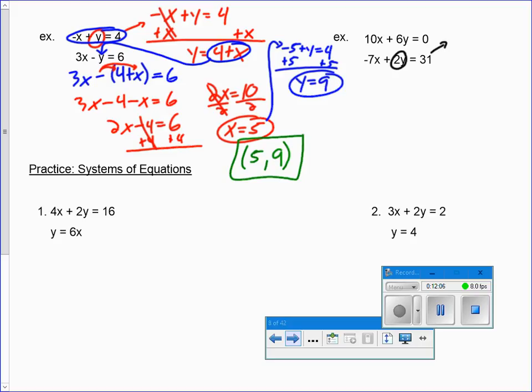So if I solve this one out for y, I have negative 7x plus 2y is 31. I'll add 7x. So I have 2y equals 7x plus 31, and then divide by 2.